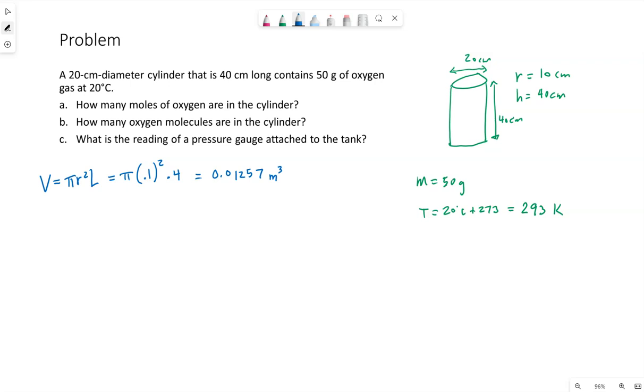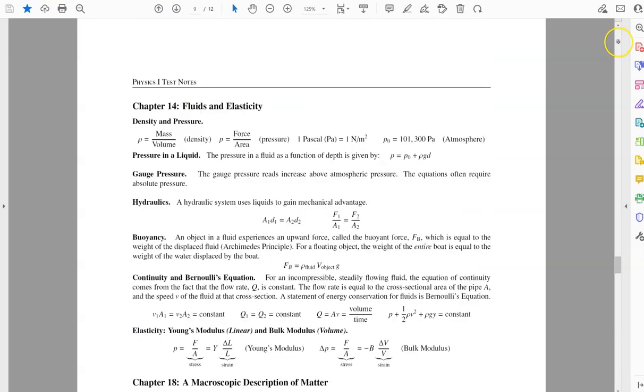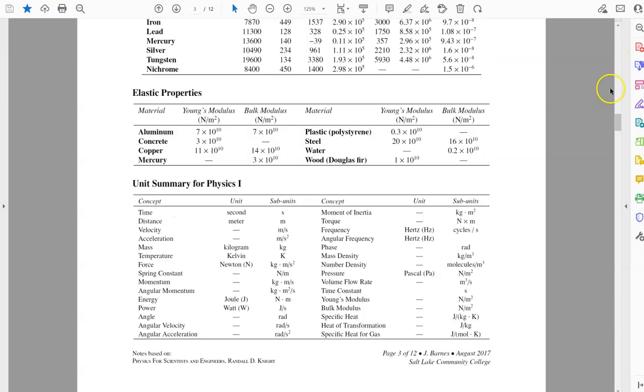Now, 50 grams of oxygen gas. Oxygen gas is one of those diatomic gases, meaning two oxygen atoms bond together. Since we're given a mass, we want to look at the periodic table. So let's go back to the test notes here really quick. Oh, there it was.